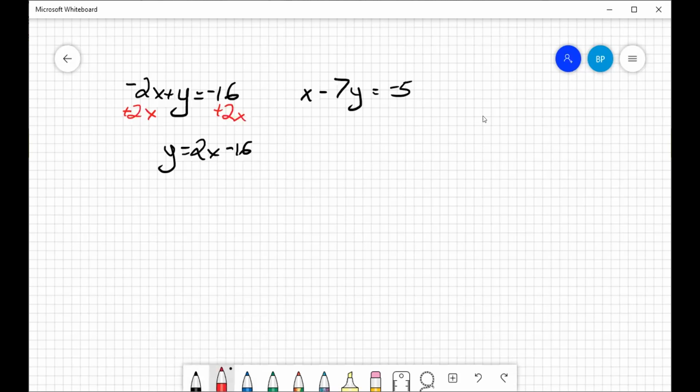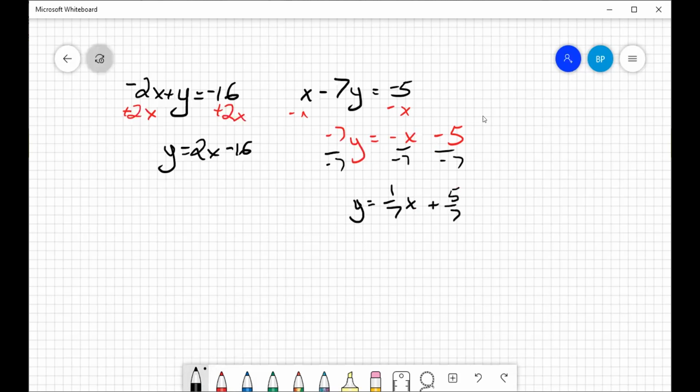I'm going to subtract x from both sides, and I get negative 7y equals negative x minus 5. I would divide everything by negative 7, and I'm going to wind up with a bunch of fractions on that right side, because negative 1 divided by negative 7 is 1/7 x, and negative 5 divided by negative 7 is positive 5/7. So I get two fractions.